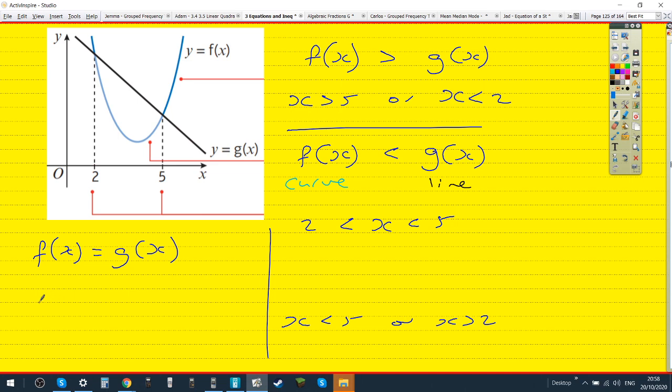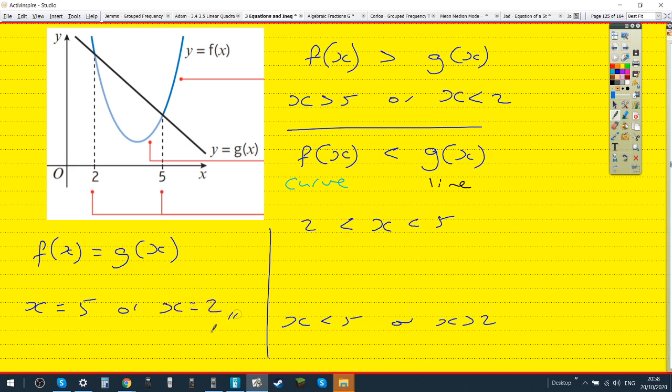Would those just be the two intersections? Yep. We don't know what y is, but we don't need it, just in terms of x. So x is 5, and x is 2.